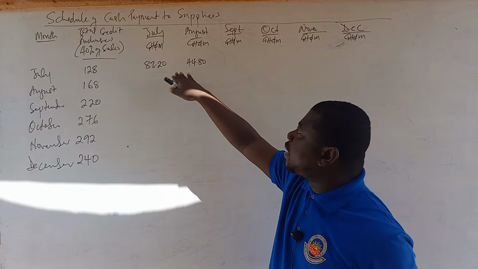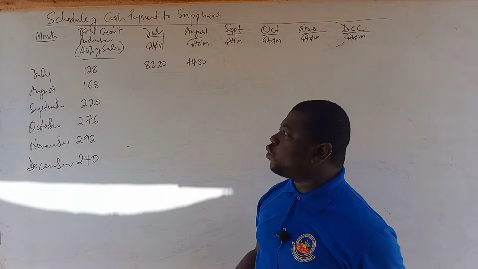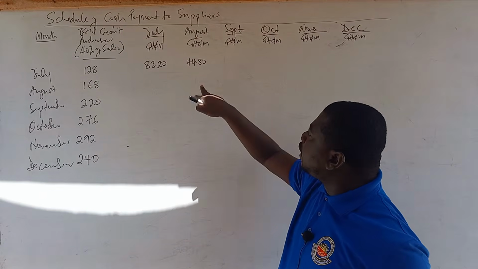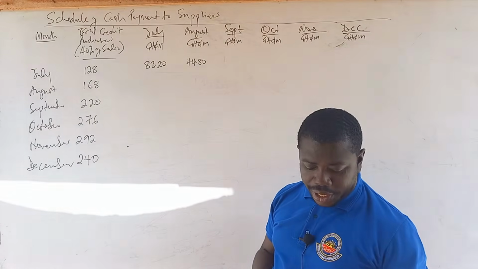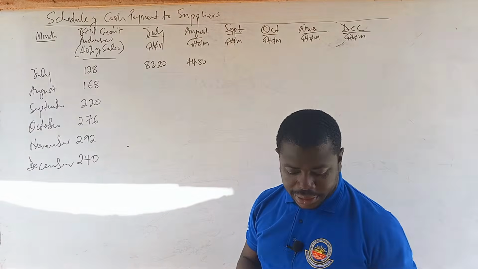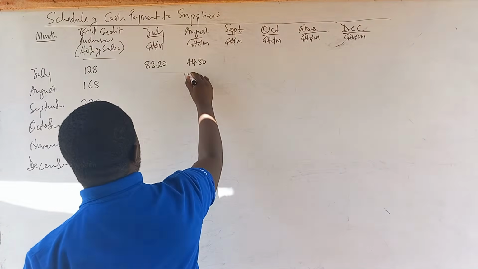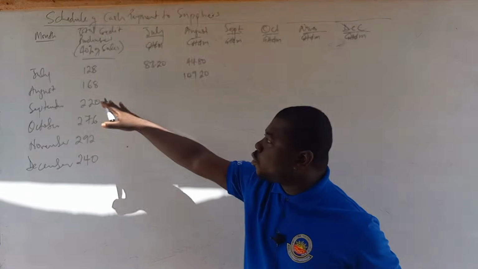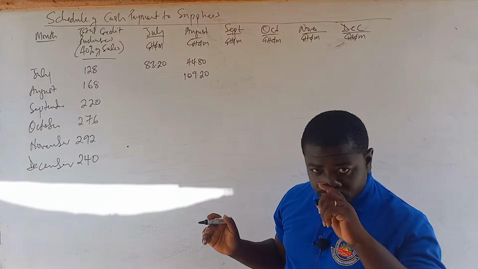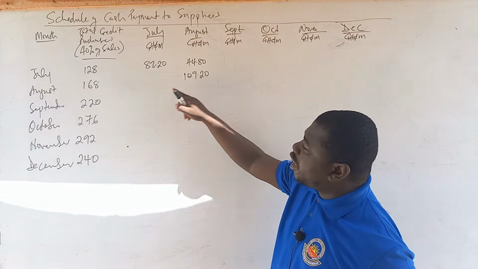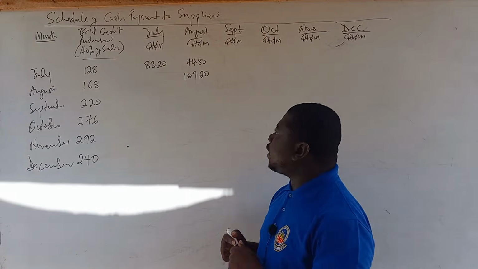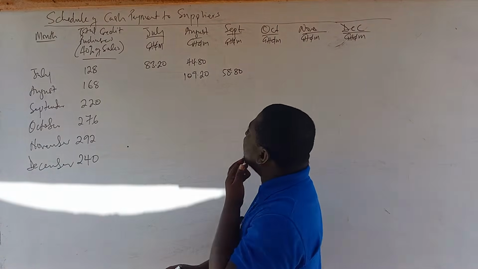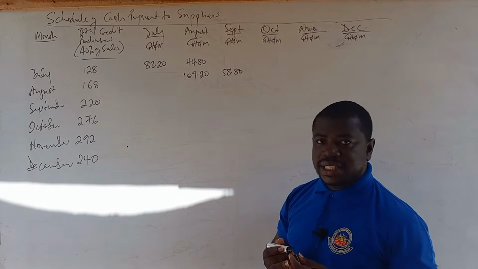Now, when we come to August, we find 65% of 168 and we put that under August. So 65% of 168 is going to give us 109.20. So we put that under August because it is the month of August. Okay, and then we find 35% of 168, and that is going to give us 58.8. That is written under September, because we are going to pay that in September.